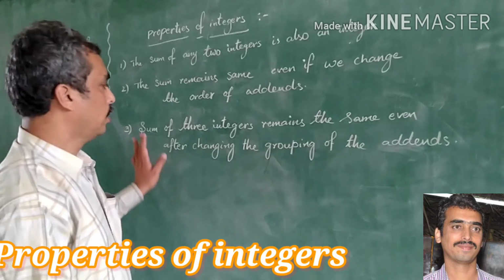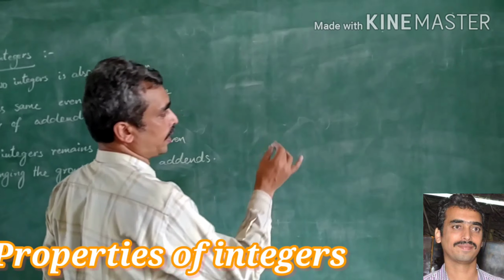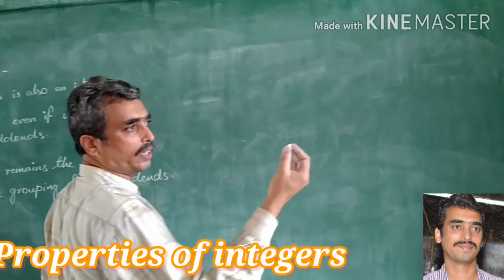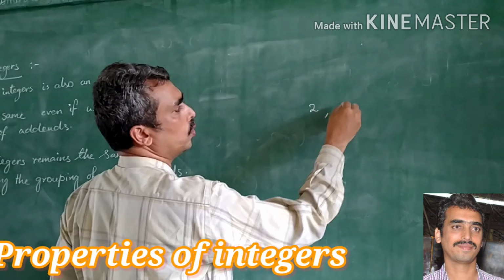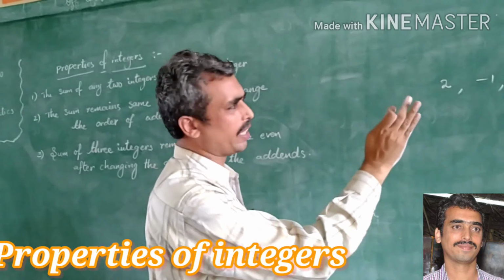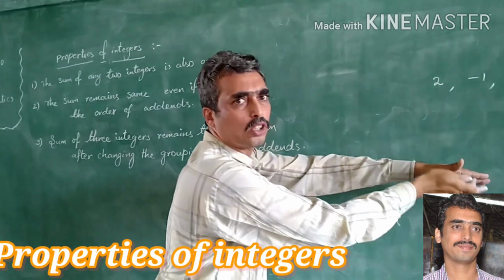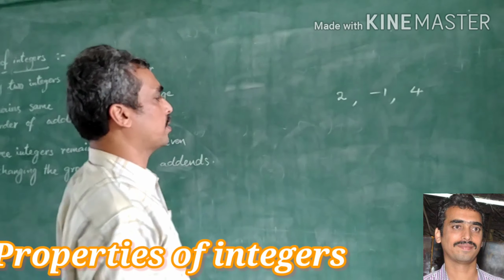What does it mean? It means you can take any three integers. Let us take any three integers, small numbers. 2, -1, 4. Three integers I took randomly. There is no rule that these are the only numbers to be taken. You can take any three numbers.